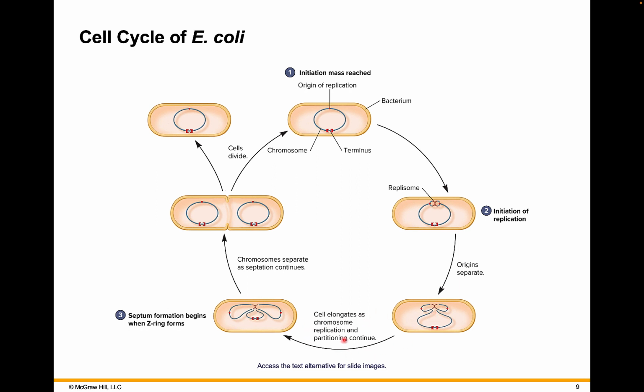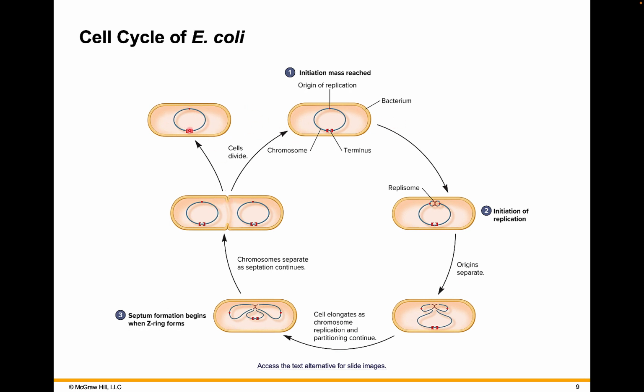But the cell elongates as the chromosome replication and the partitioning process happen. As it elongates, you can see the chromosomes separate, and the septation is continuous. The septum formation begins in the middle of the cell with what is called a Z ring formation, and we are going to talk about that in detail. The Z ring forms the septum, which divides the cell into daughter cells.